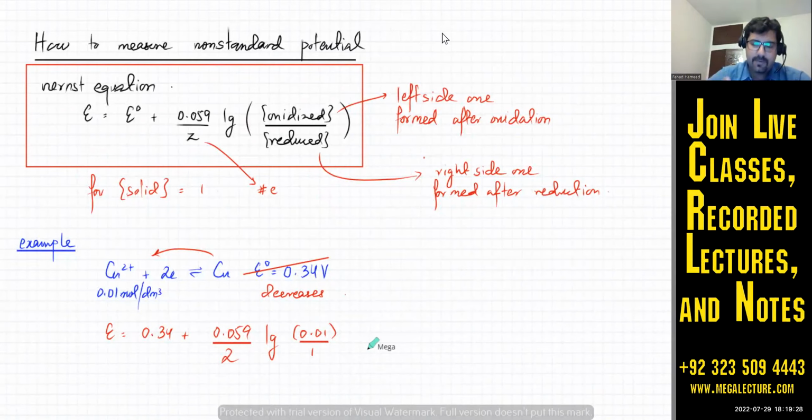It's coming out to be 0.281. You said it was going to decrease, and it did decrease. It's 0.281 volts.